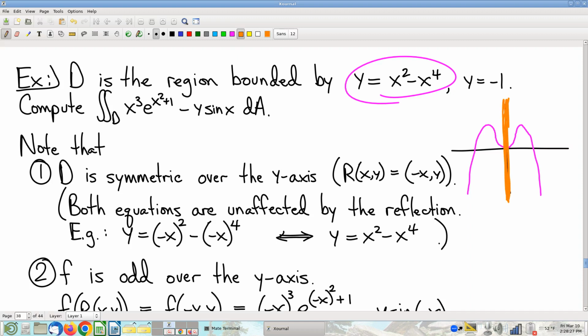Now, how do I know that that's the case? Well, there are different ways you can think about this. You might just be persuaded by the fact that x squared by itself is clearly symmetric over the y-axis, and x to the fourth is clearly symmetric over the y-axis, so the difference really ought to be. But if you prefer, notice we can write down a formula for the reflection. When I reflect over the y-axis, the only thing that happens is this minus sign right there.